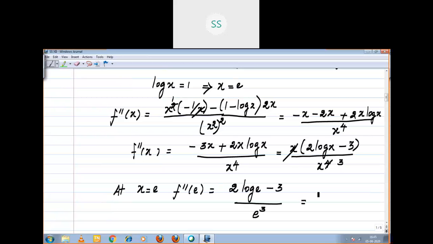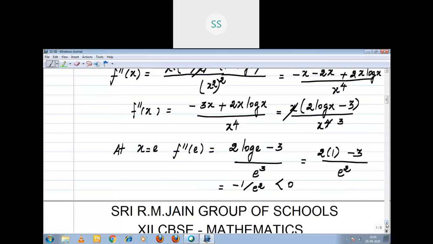So 2 into 1 minus 3 divided by e cube, which is equal to minus 1 by e cube, less than 0, because the e value is positive. Whatever positive value is in the denominator, in the numerator you have negative, so definitely you will arrive at a negative value. Therefore, it is less than 0.